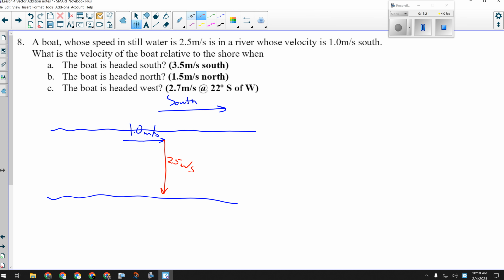If I put those two vectors together, that's what the boat's going to do. Agreed? All I'm doing is drawing these things tail to head, just like I would any other vector quantity. It doesn't matter that these are in meters per second and the ones we were doing last week were in meters. They're all treated the same if they're vector quantities.